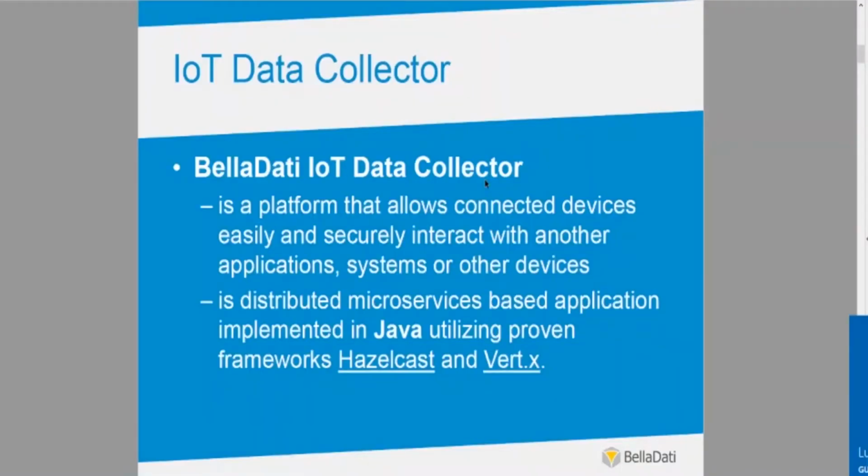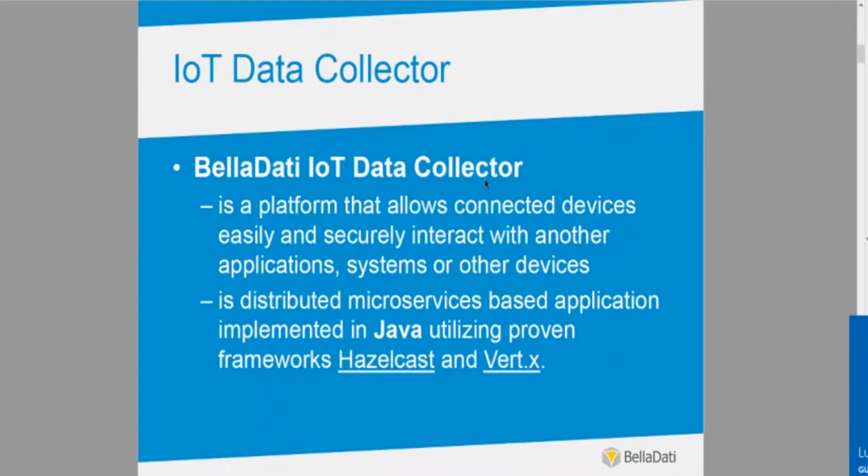What is IoT data collector? Basically, it is a platform which allows connected devices to easily and securely interact with another application, systems or other devices. Our platform is a distributed microservices-based application, and it is implemented in Java.